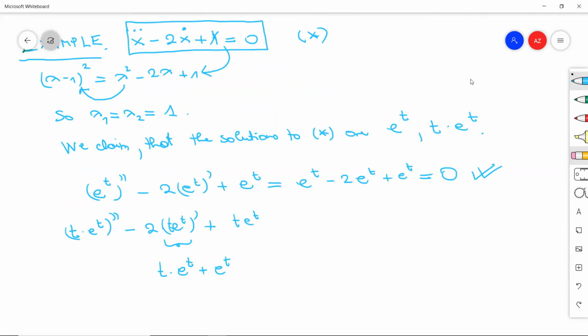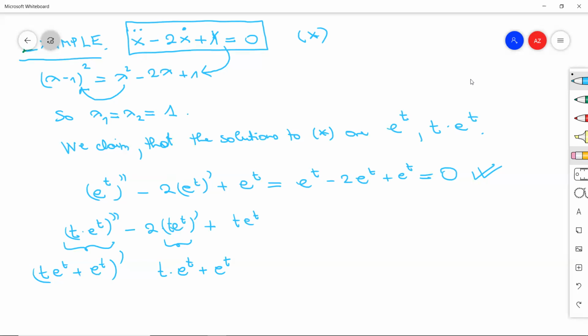By the product rule, we take the derivative of the second one and multiply by the first one, and then we add the derivative of the first one multiplied by the second one. And then what is the second derivative of t times e to the power of t? It's the first derivative of what we've just derived.